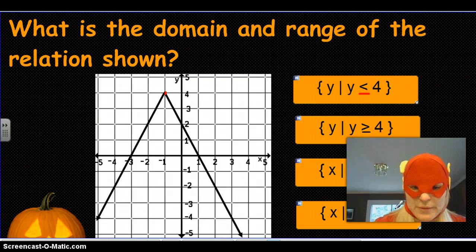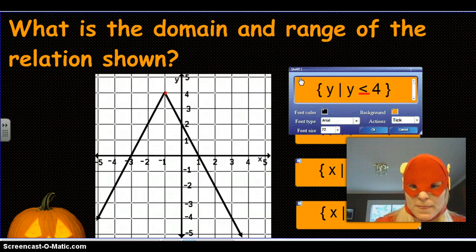R stands for real numbers. So that means the points on this graph are going to use every x in this direction and this direction. So my answer to this question is my range is y is less than or equal to 4, and then x is all real numbers. It goes on forever in each direction, okay?